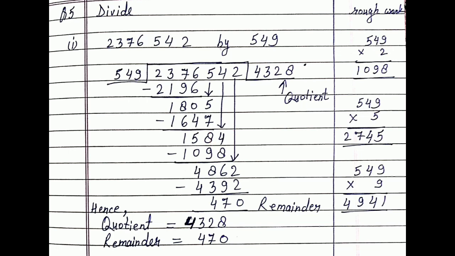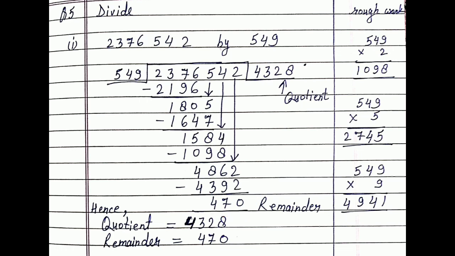We repeat this same process till there are no more digits to bring down. So here we again compare all the numbers and then solve further. Now in the last we get 470, which is less than the divisor, and there are no more numbers to bring down.